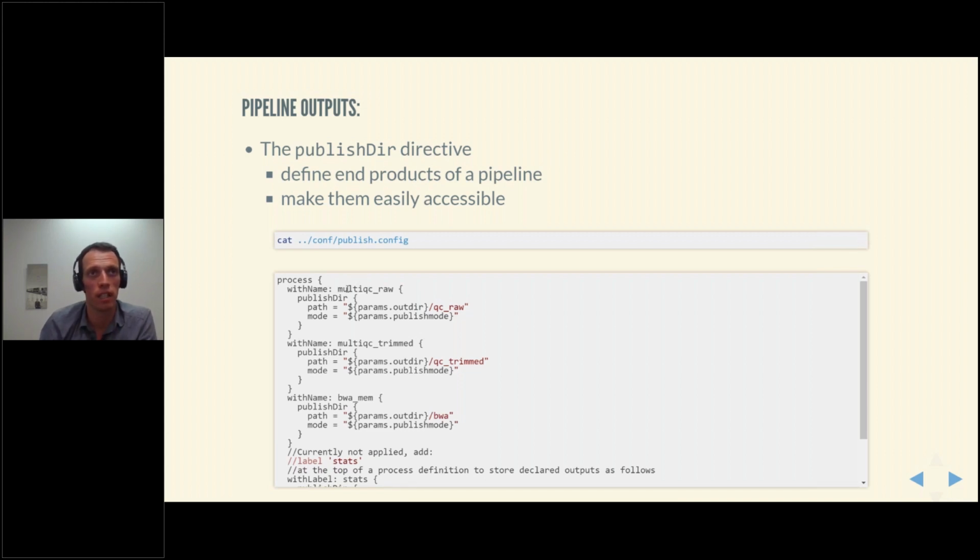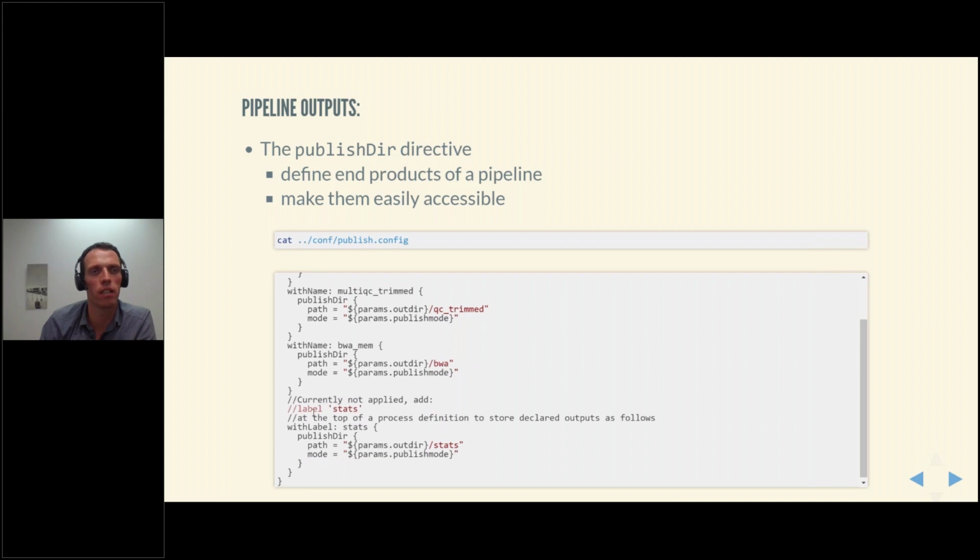So in the case of our pipeline, you could, in a separate config file or in the main config file, define that if a process is called multiqc, you want to put the output files into this directory, and the mode is about whether it's a symlink, copy, or moving of the file from the work directory into that final published directory.